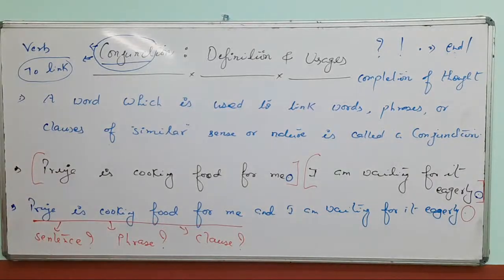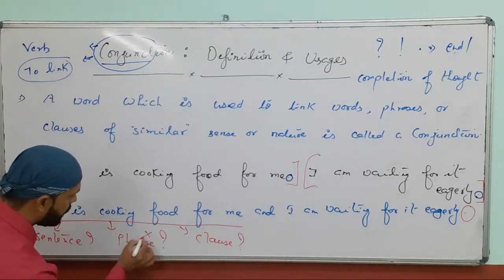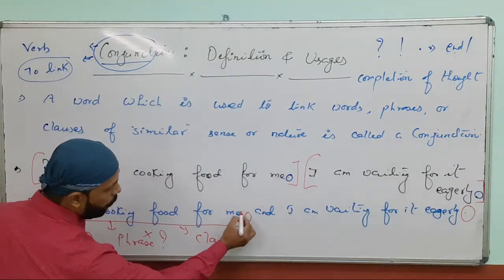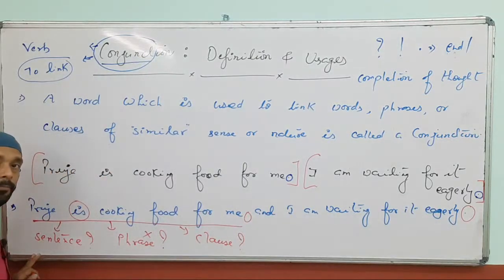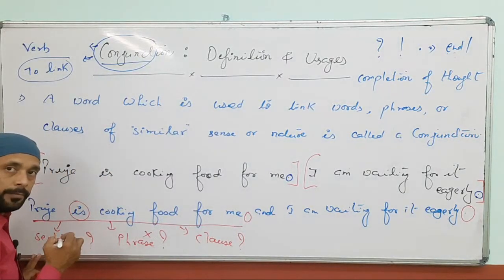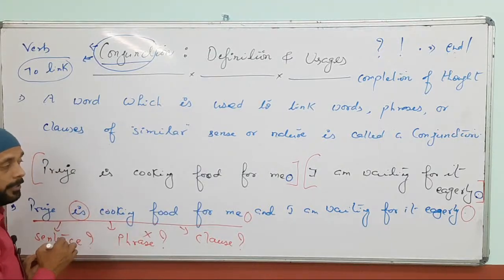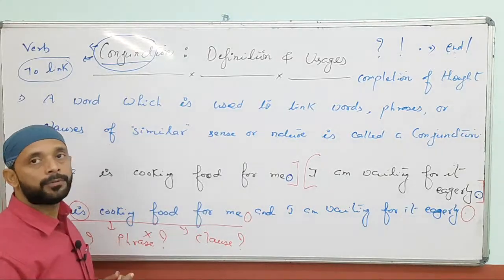You have answered it here. Okay, Sarita and Lata, they have answered it. Correct. It's not a phrase because it has a verb. It's not a sentence because me is not followed by a full stop. Me is not followed by a question mark. Me is not followed by a mark of exclamation. It means there is no end of thought.